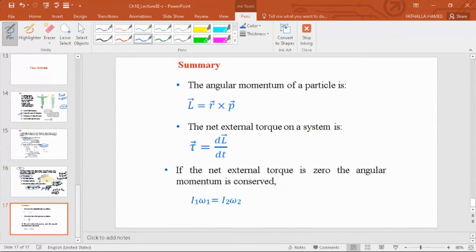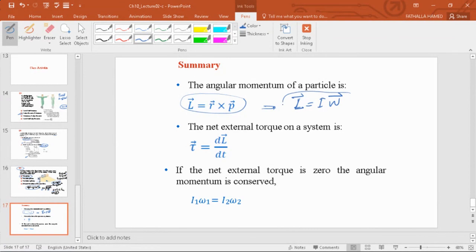So in summary, what we did today, we defined what angular momentum is for a particle, and we said it's equal to r cross p. For a rigid body, we said that L should equal I omega.